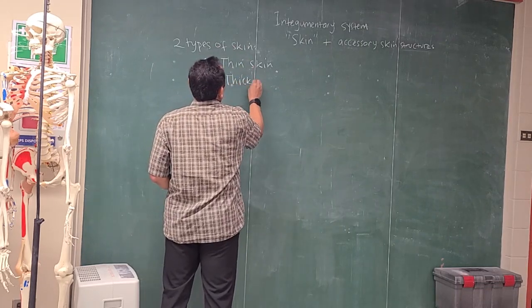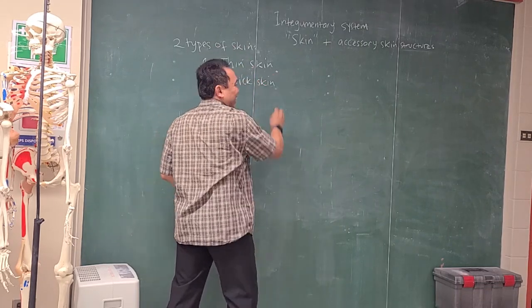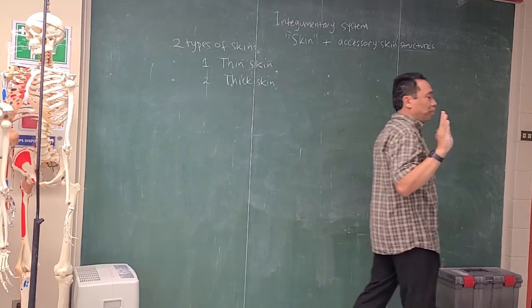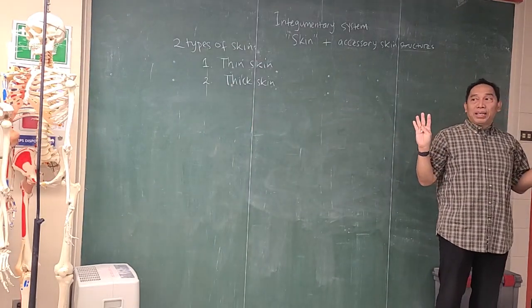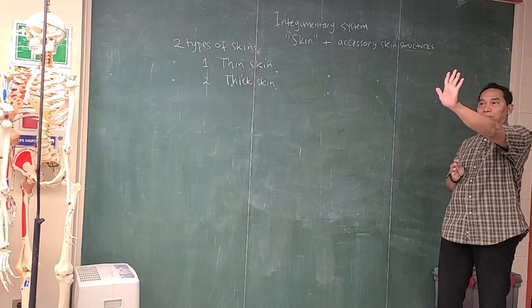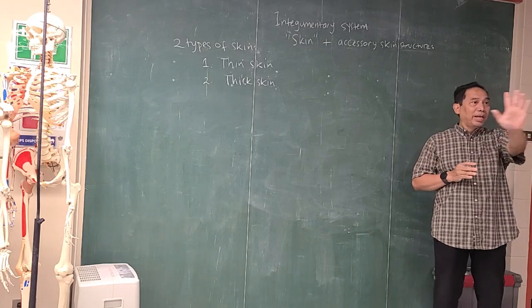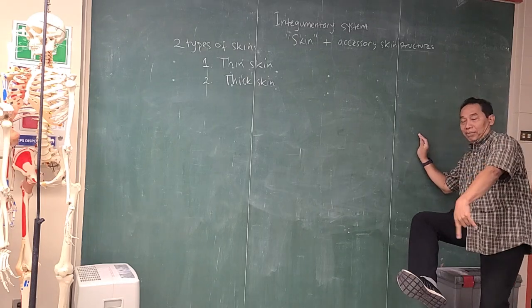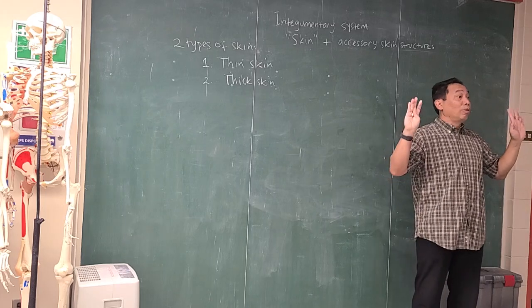The second one, if you have thin skin, then we have thick skin. Thick skin is only present in special places in our body, especially here, on the palm, and here, on the sole.